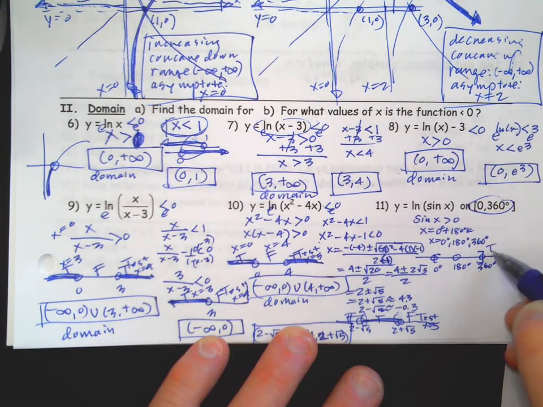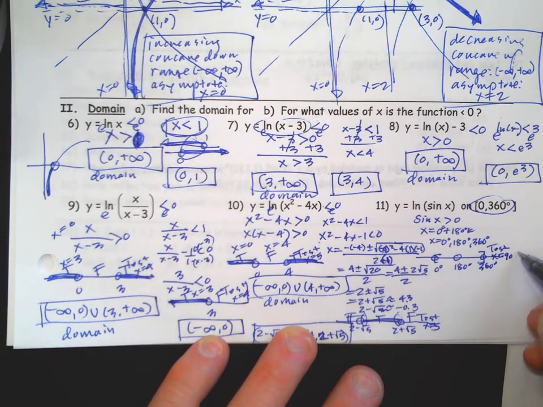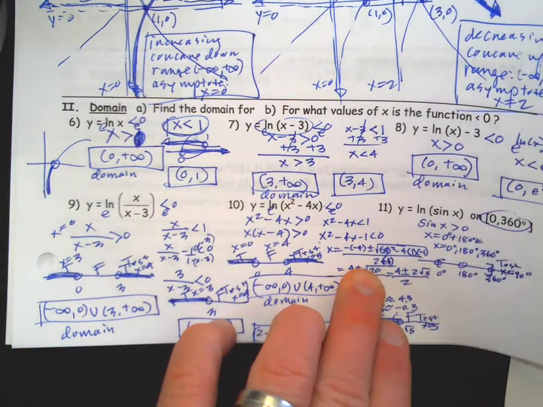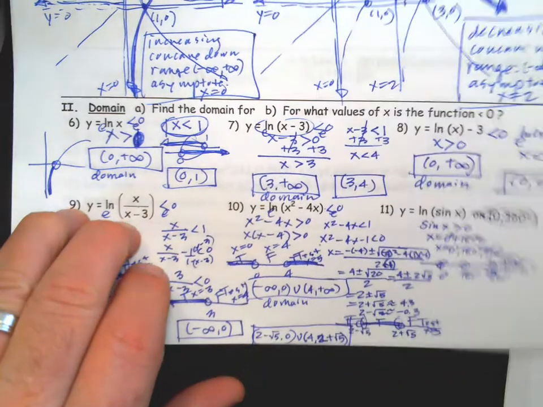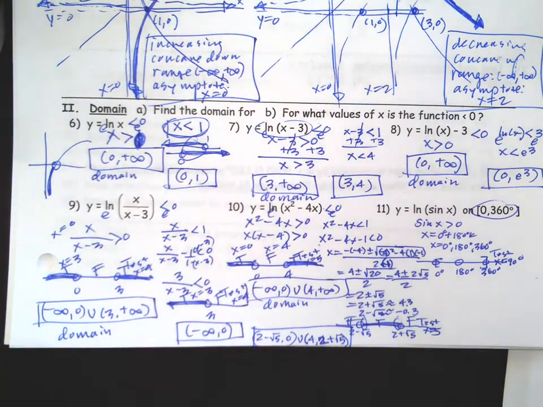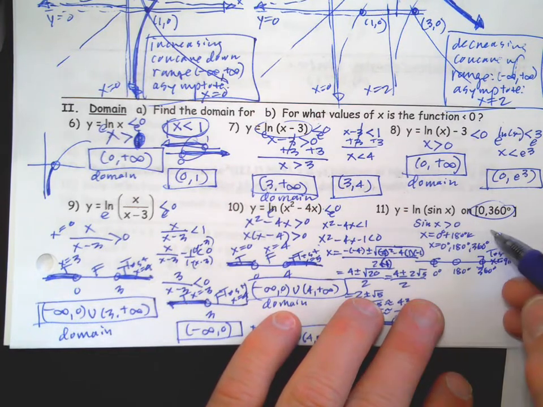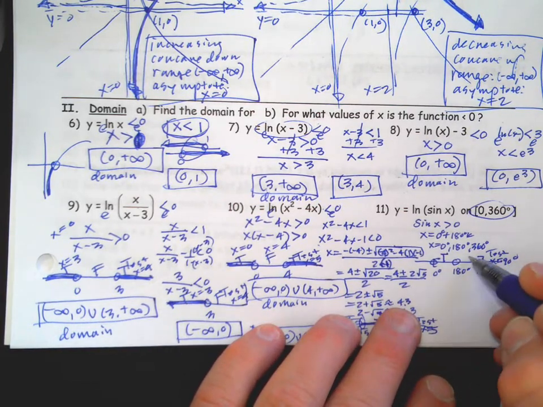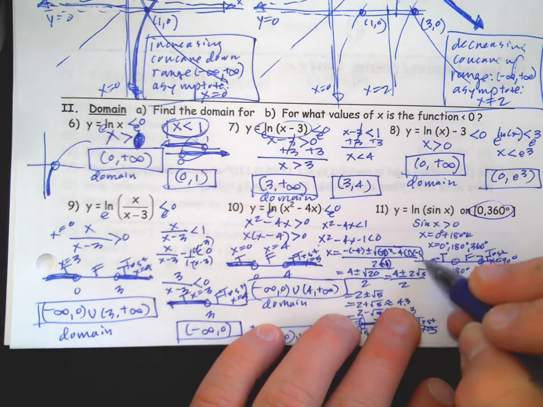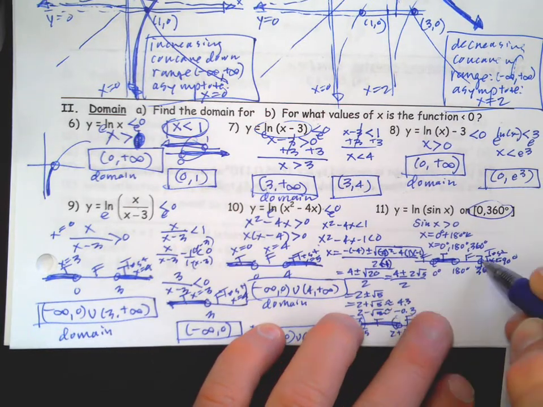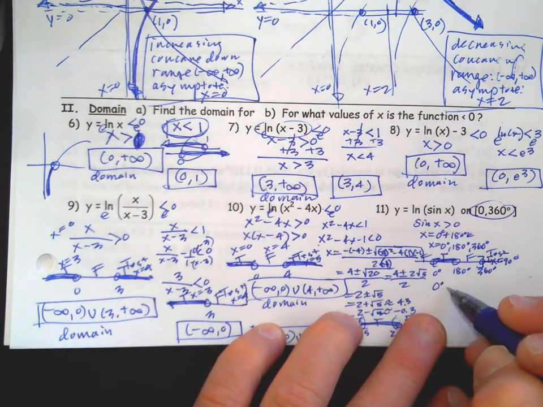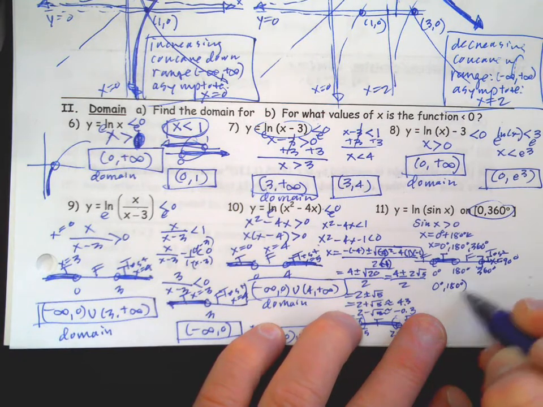And we're going to test the value X equals 90. Sin 90 is 1. So 1 is greater than 0. True, false, true, false. So the domain is 0 to 180.